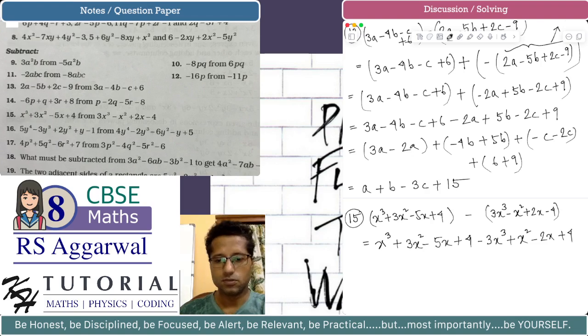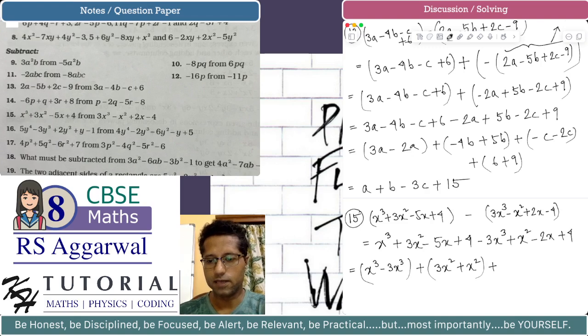Now we collect all the like terms: x cube minus 3x cube, then x square terms, 3x square plus x square, then the x terms, minus 5x minus 2x, and then the constant terms, 4 plus 4.